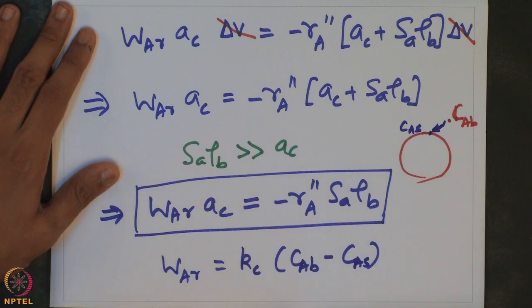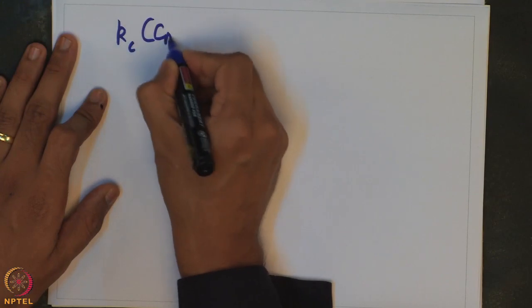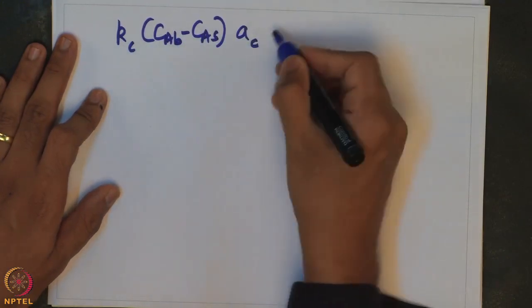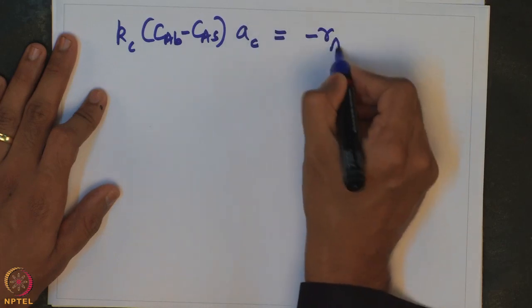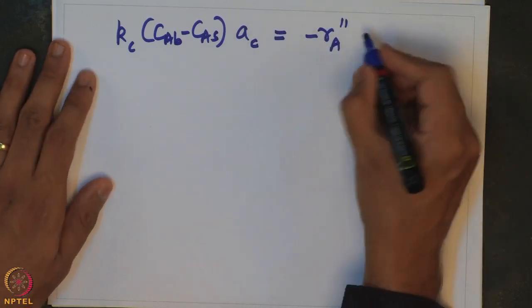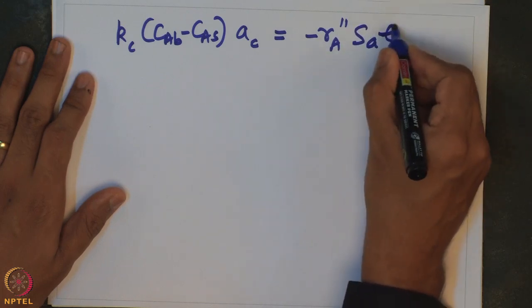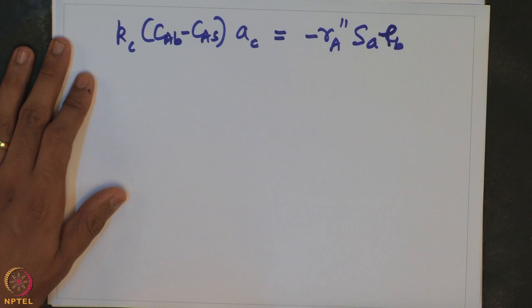So we can plug that into the balance. That will be Kc into CAB minus CAS, multiplied by AC, is equal to minus RA double prime into SA into rho B. So this is the bulk density.